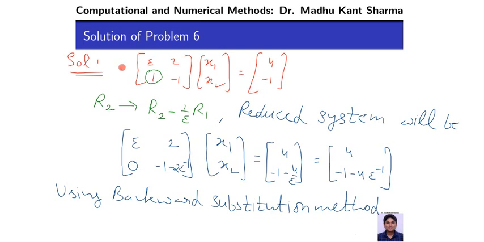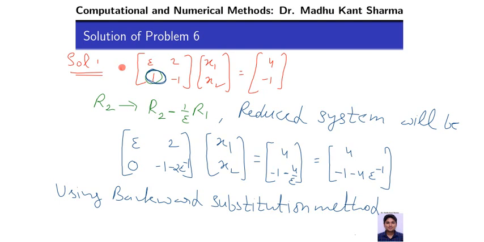If you apply the basic Gauss elimination algorithm, the first step is to create 0 below epsilon. If you look at the first column, you are going to create a 0 by using the basic Gauss elimination algorithm.